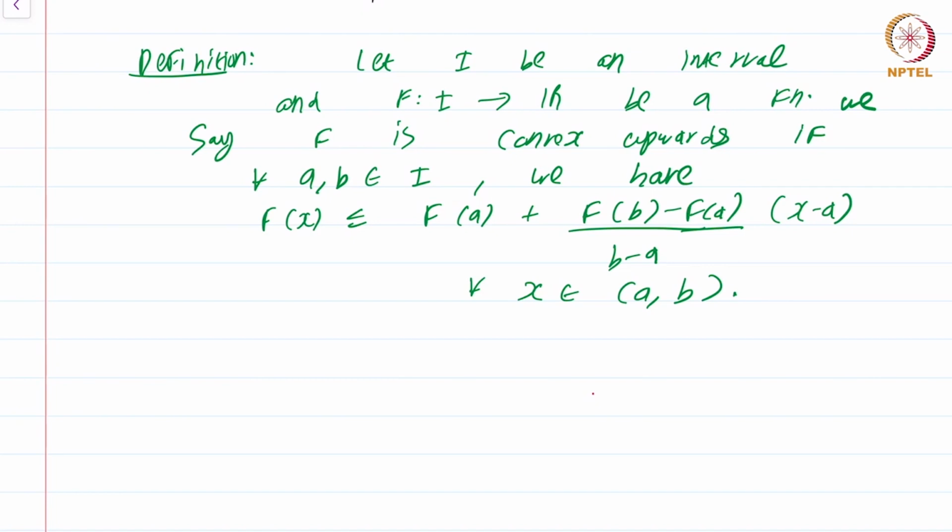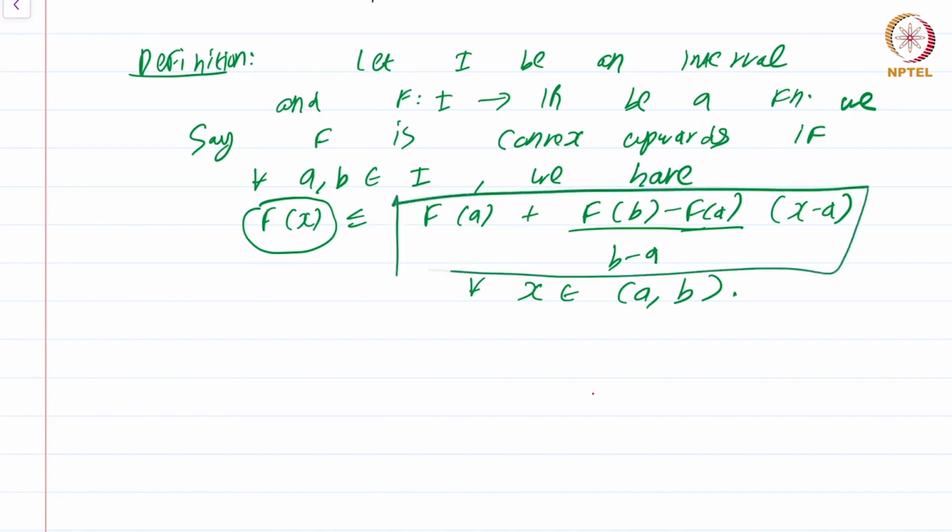So it's convex upwards if the value of the function in any subinterval is less than or equal to the line joining the points (a, f(a)) and (b, f(b)), whose equation is given by this. So this must be true for any pair of points a, b in I. To clarify, I can just write a is less than b.